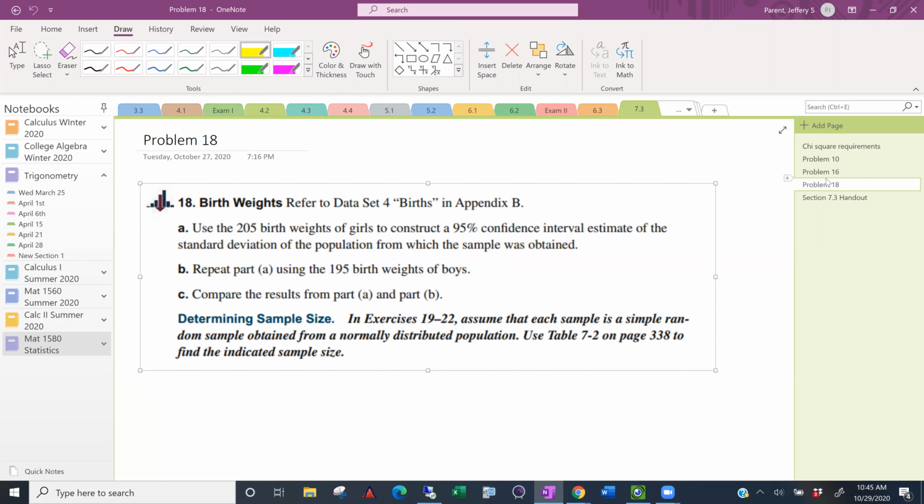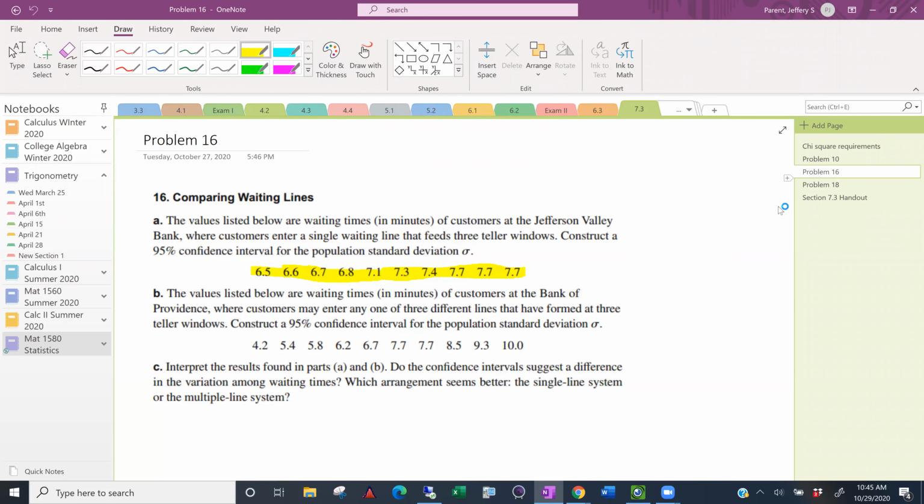Maybe we'll do an extended version of this instead. So let's put the data into our data set, StatDisk. We're doing 16A, right? We're going to do A and B and then compare them.